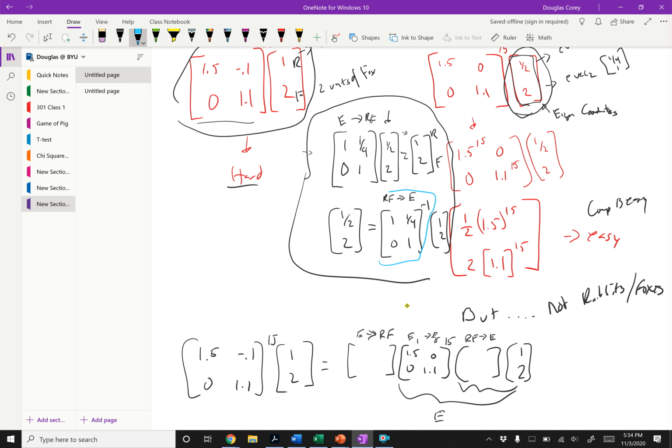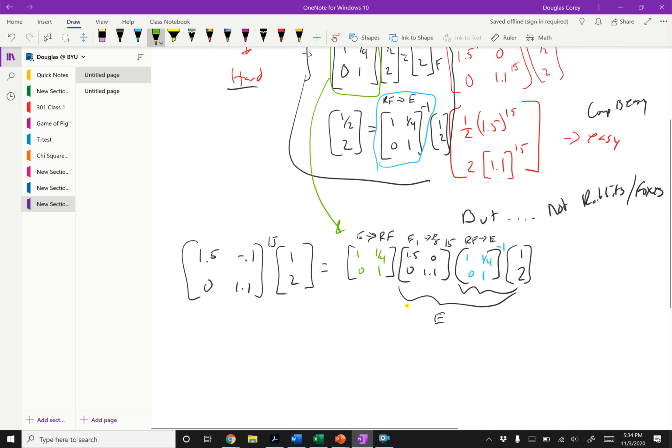You notice this is rabbits and foxes to eigens, so we could do 1, 1/4, 0, 1 inverse. And this one is the matrix that goes from eigencoordinates to rabbit and fox coordinates. So 1, 1/4, 0, 1.